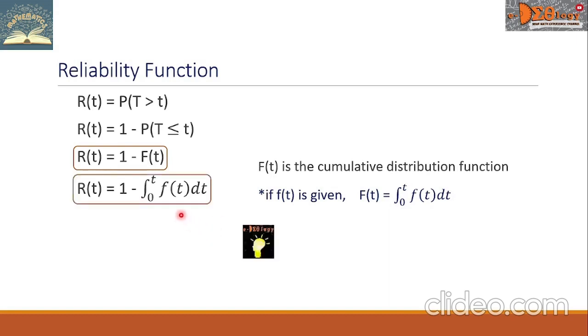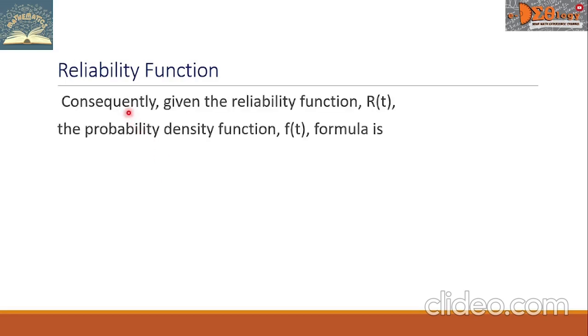So we have this second formula. Consequently, given the reliability function capital R of t, the probability density function f of t formula is this: small f of t is equal to the negative of the derivative of capital R of t.